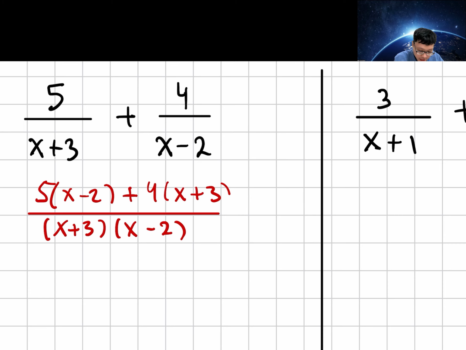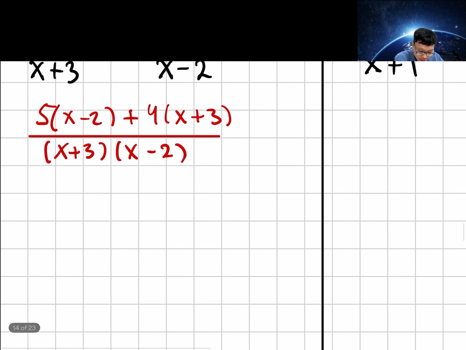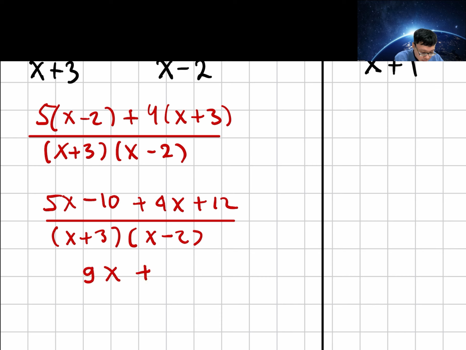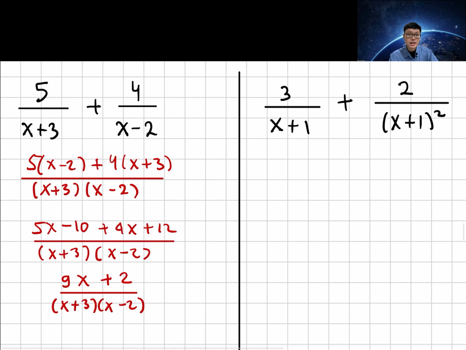Now you can simplify it, becomes 5x minus 10 plus 4x plus 12, divided by x plus 3 times x minus 2. And then you get 9x plus 2 over x plus 3, x minus 2. So this is the process from partial fractions into a single algebraic fraction.